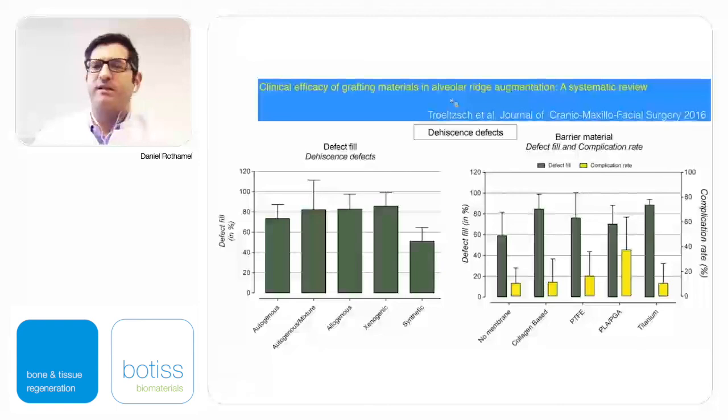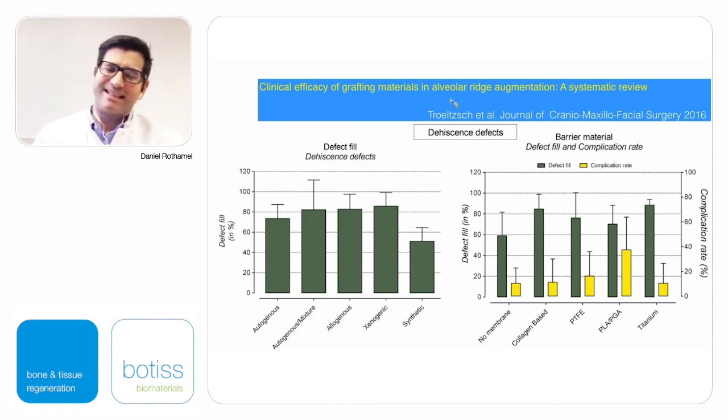When we look at different barrier materials, first of all, we see that if we don't place any membrane, a defect fill of 60% is not the best outcome we can achieve. After the use of a collagen-based membrane, 85% of defect fill was achieved on average. So we can say that we see some advantages of using an external barrier for the separation of the soft tissue.